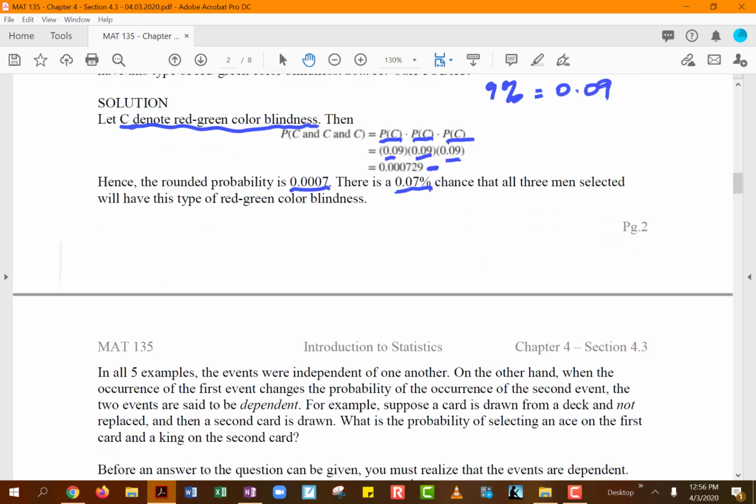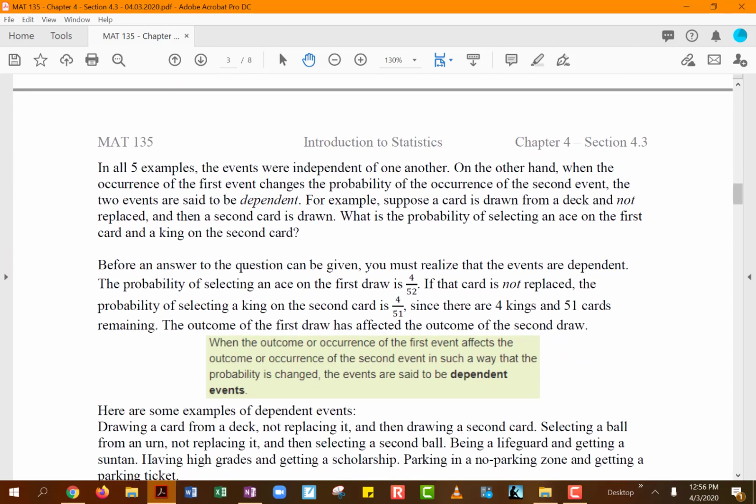Okay? Alrighty, folks. So let's go ahead and see. This was all independent events. Now let's talk about what happens when they are not independent. In other words, when they are dependent, right? So they're saying in all 5 examples, our events were independent of one another.